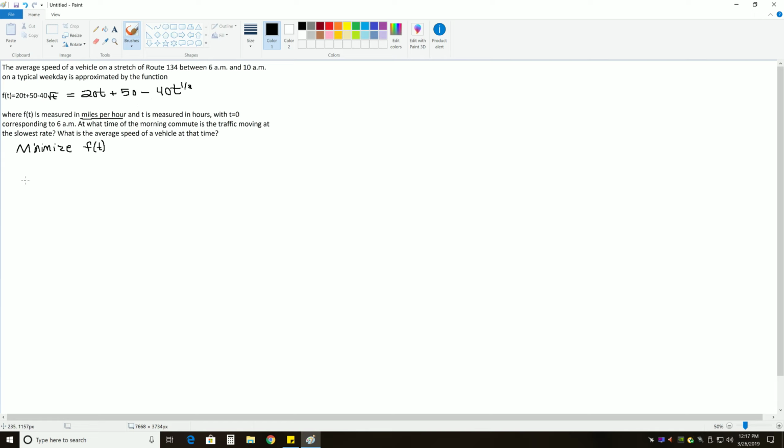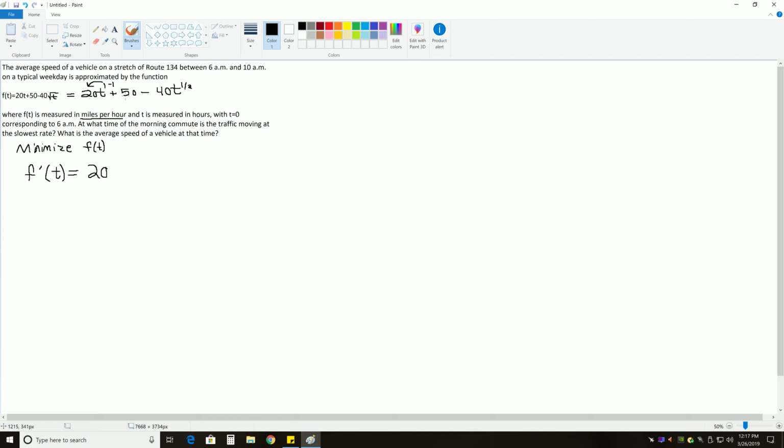So now we can start finding f prime of t and then f double prime of t. To start off with, the derivative of 20t is just 20. Remember, you take your exponent, you multiply it out front, and then you subtract 1 from it. So we're just left with the 20.